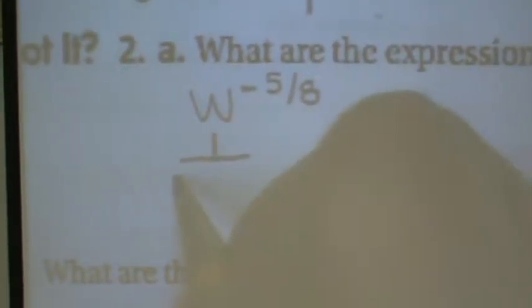Okay, let's try, got it. Now this reads W to the negative 5/8 power. So W to the negative 5/8 power is 1 over W to the 5/8 power.